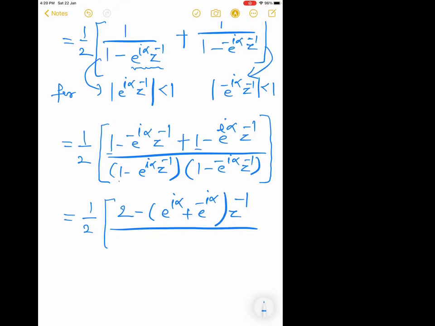So 1 into 1 is 1, then this term into this term, e raised to I alpha z raised to minus 1 into e raised to minus I alpha z raised to minus 1. That multiplication is nothing but how much will it come? e raised to I alpha into e raised to minus I alpha. What is the multiplication?